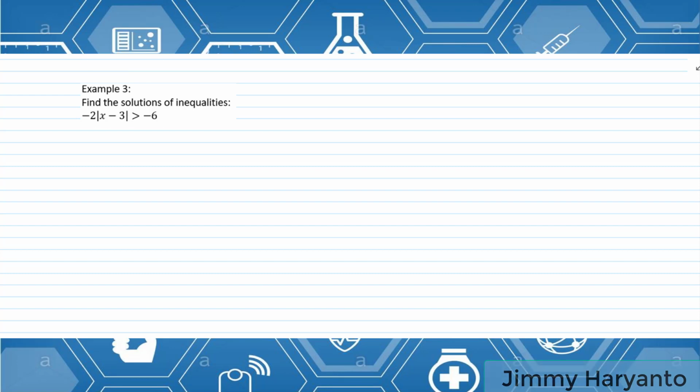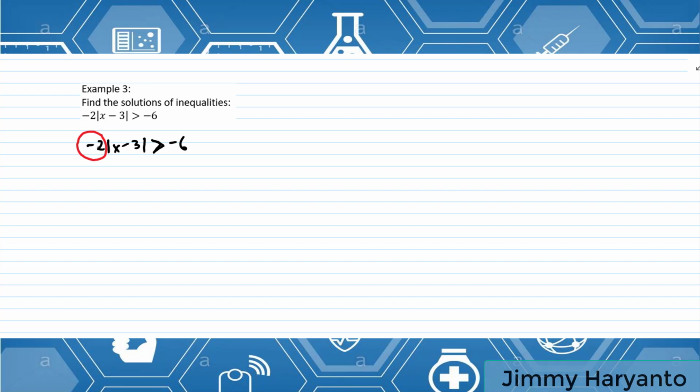In example 3, we have this form of absolute value inequalities, but this form is not the same as the formula, because look at the sign. The sign is greater than. The formula is less than. Also, we have this negative 2 at the left side. The formula says the left side should be only the absolute function.